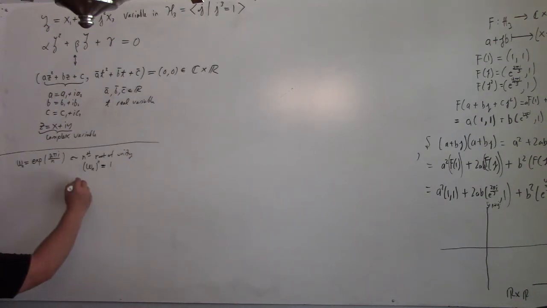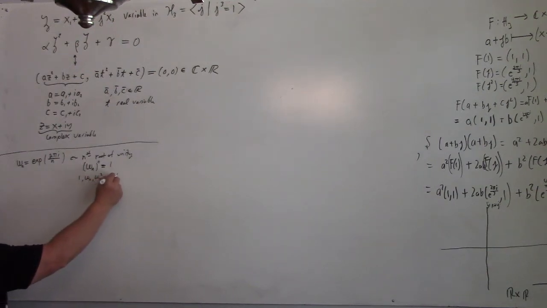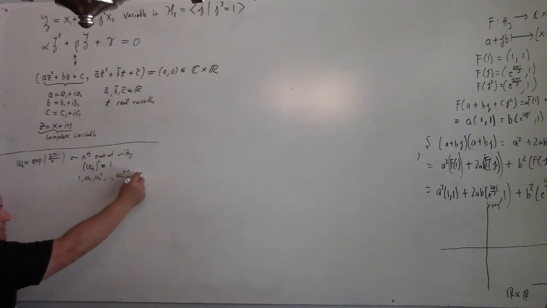And 1, omega n, omega n squared, up to omega n to the n minus 1, these are linearly independent.